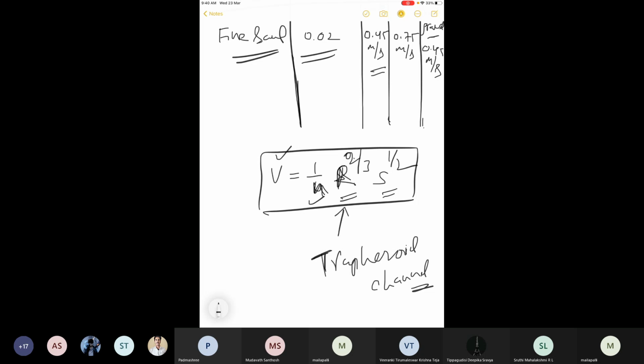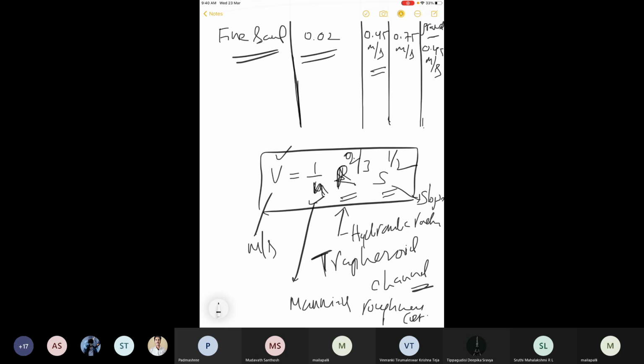Velocity is in meter per second, and this is the maximum permissible velocity. n is the Manning's roughness coefficient. R is the hydraulic radius. S is the bottom slope.